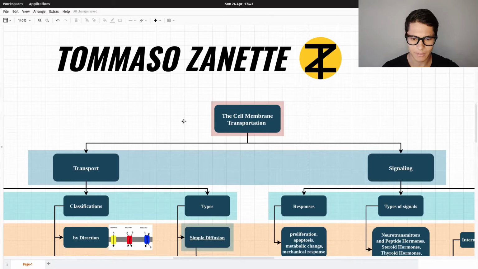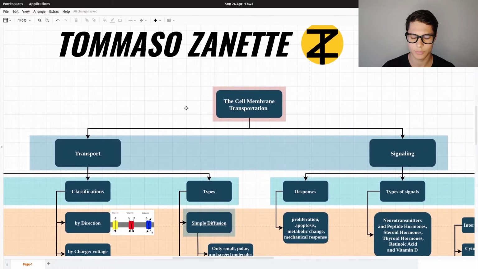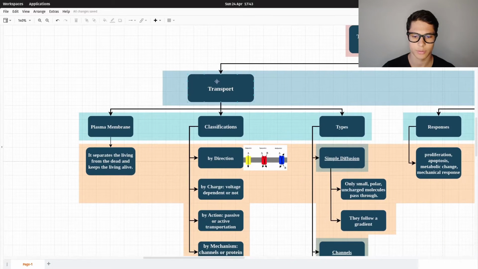Okay, so we are here and we have two topics today. We have transport and signaling. Transport, okay, transport through the cell membrane. We have to define what the plasma membrane does.